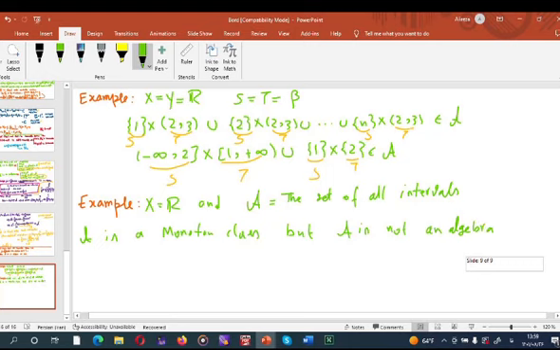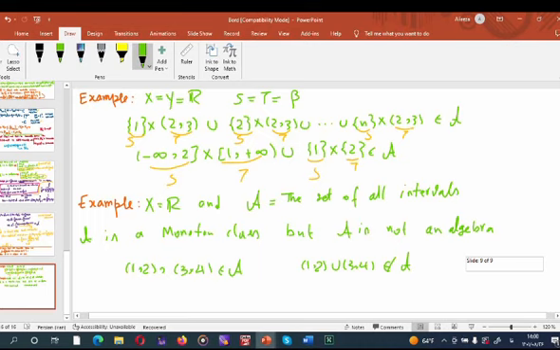This is very easy because, for example, we see that these two are in A, but their union does not belong to A because this is not an interval. A is the set of all intervals. This is not an interval.